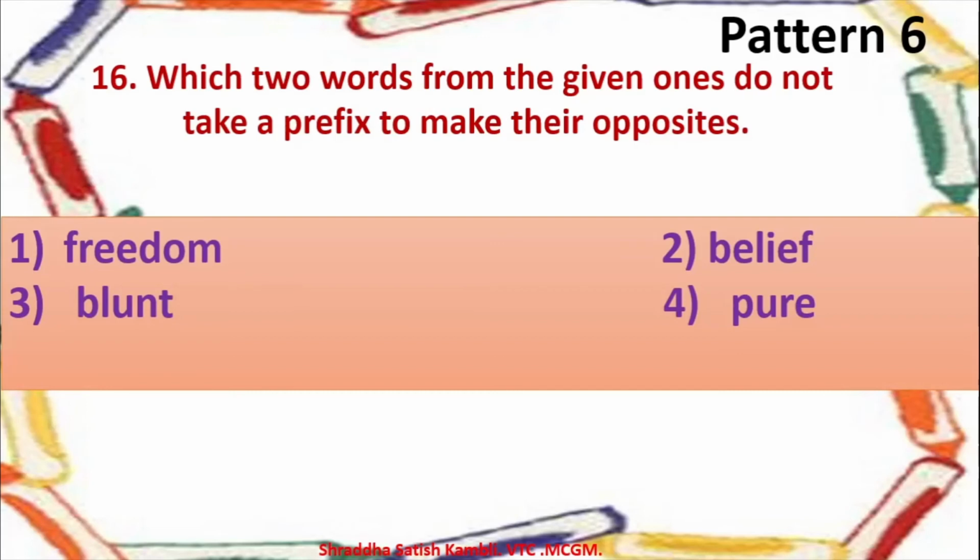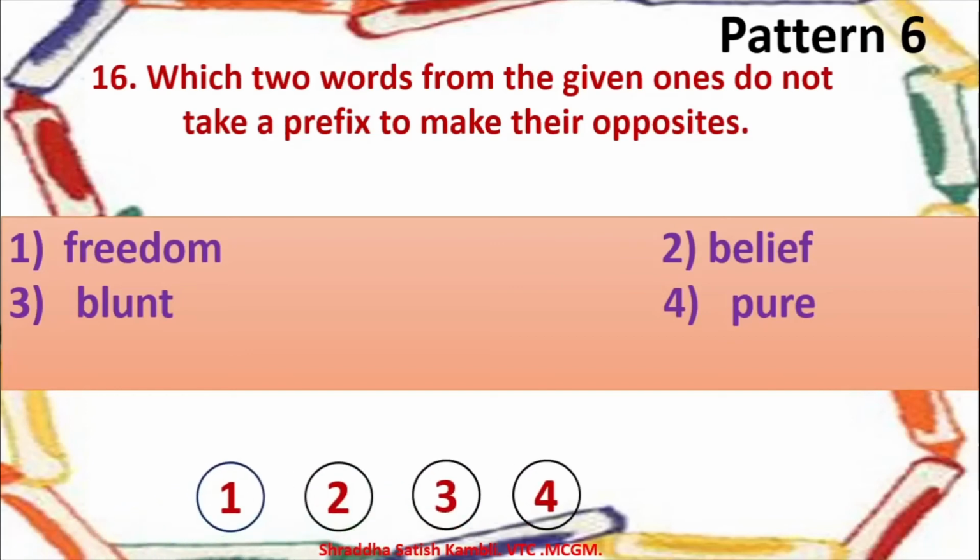Freedom, opposite is bondage; belief, disbelief; blunt, sharp; pure, impure. So see, two of them take a prefix to make opposites, but two of them don't. So which are the two which don't? It is the first one, freedom, and the third one, blunt.